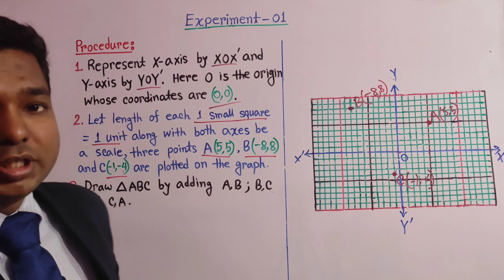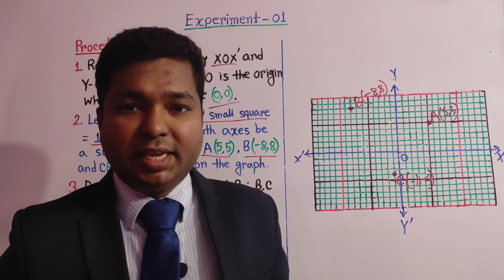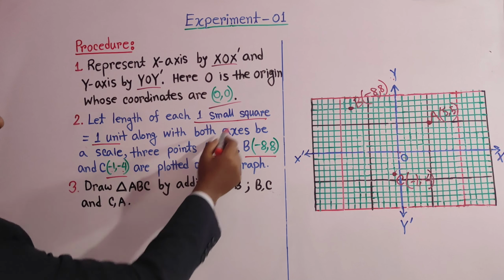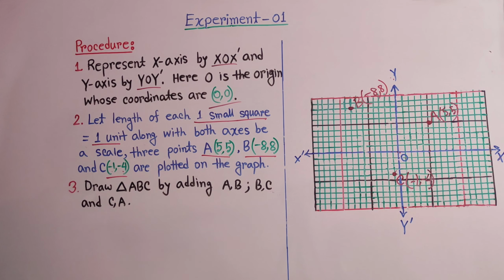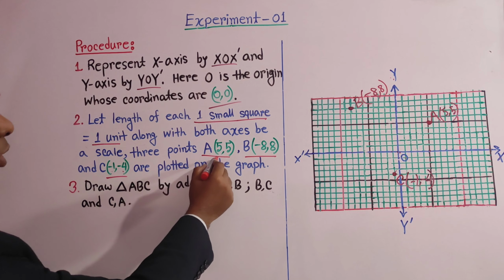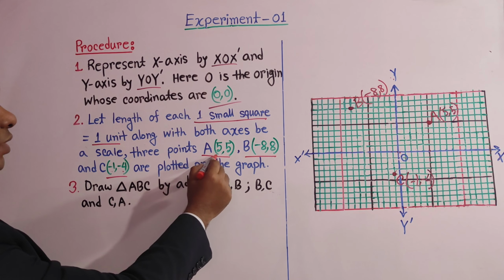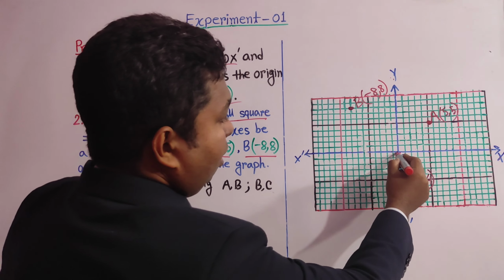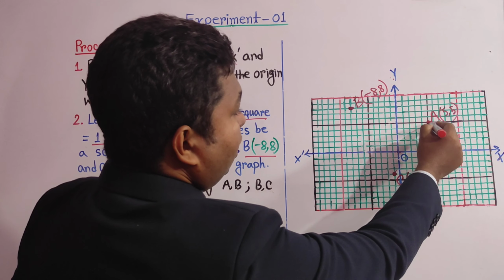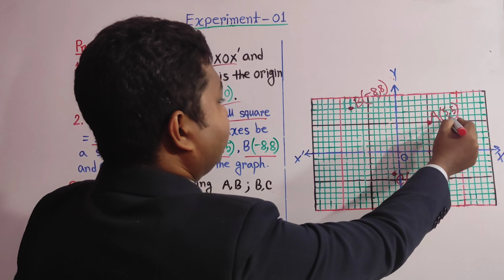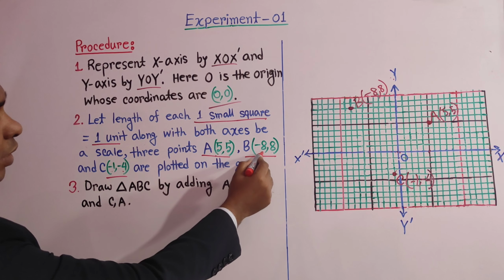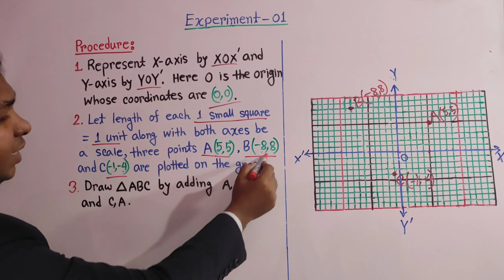Now we plot the points A, B and C on the graph paper with a scale of 1 small square equal to 1 unit. So our first point, point A, has coordinates (5, 5). So the point will be here, 5 and 5. Now point B has coordinates (-8, 8).